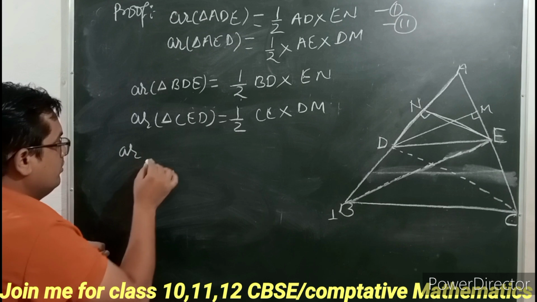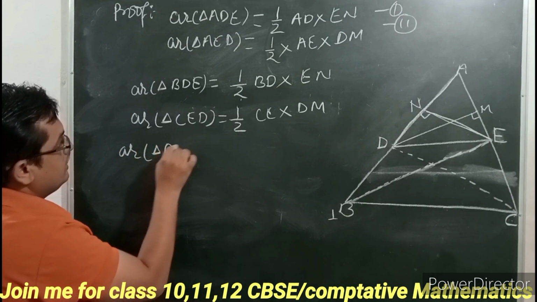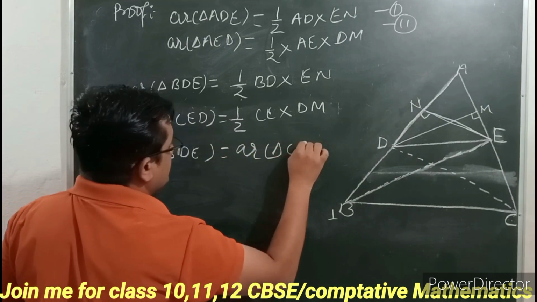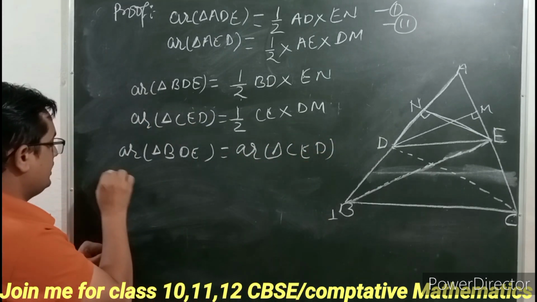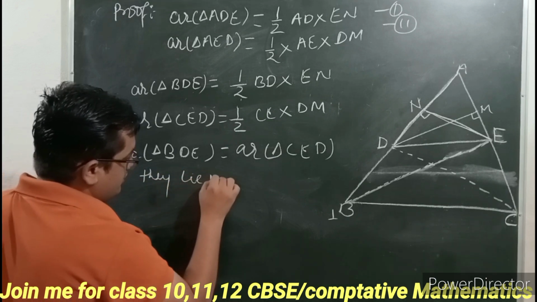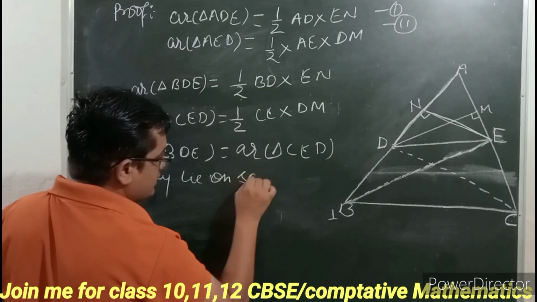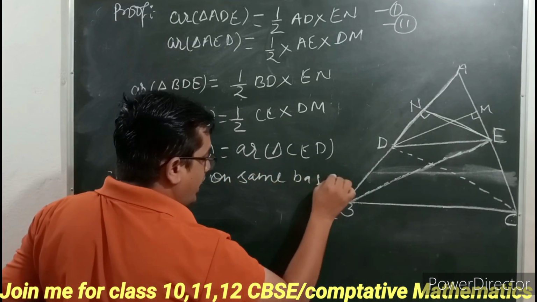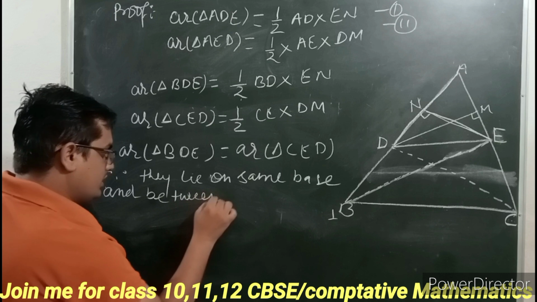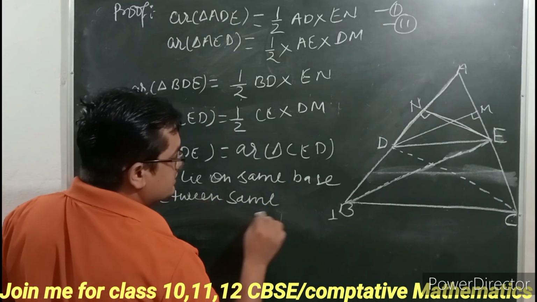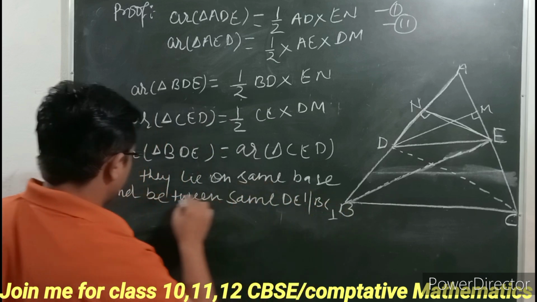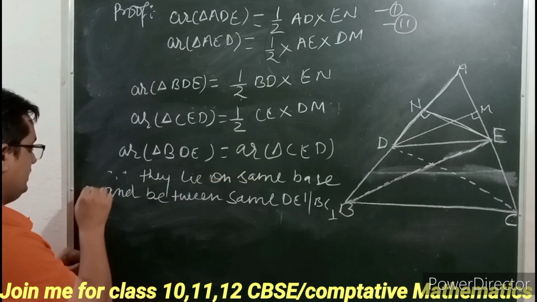So area of triangle BDE equals area of triangle CED, because they lie on the same base and between the same parallels DE parallel to BC. The same base is DE.